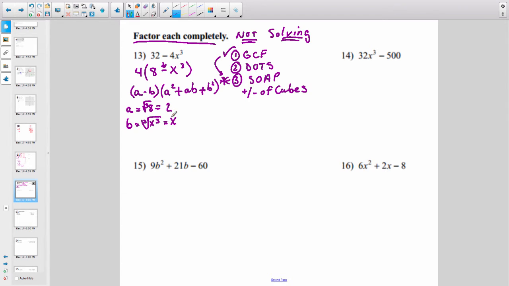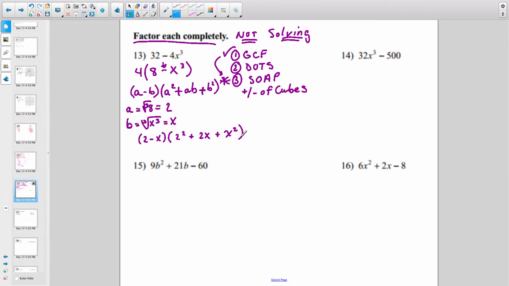So simply replacing those values in for the A's and B's, you've now factored the difference of cubes. So A was 2, B was x, A was 2, AB would be 2x, and B squared would be x squared.